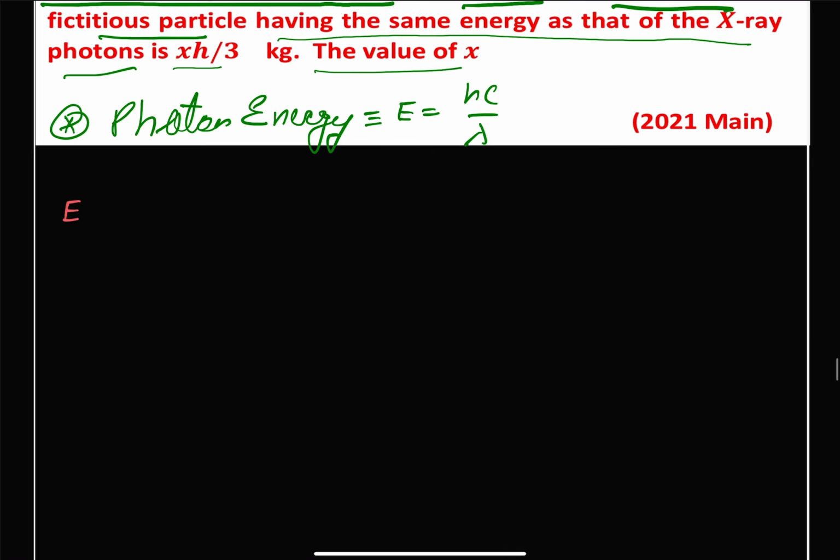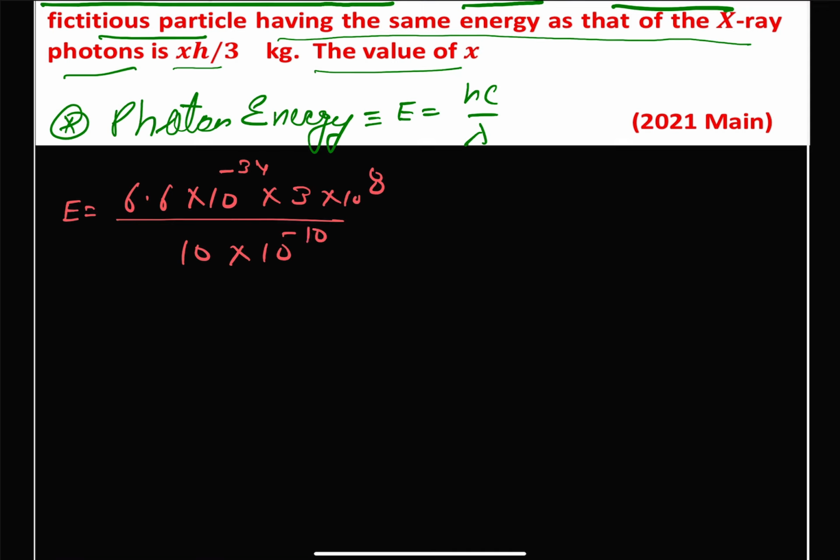We get energy E is equal to h, which is 6.6 into 10 raised to power minus 34, c is 3 into 10 raised to power 8, and wavelength is 10 angstrom, that is 10 raised to power minus 10. And this is approximately equal to 1.9 into 10 raised to power minus 16 joules.